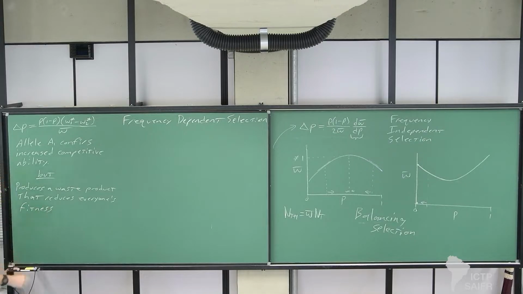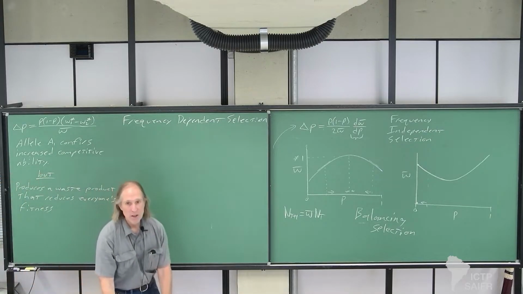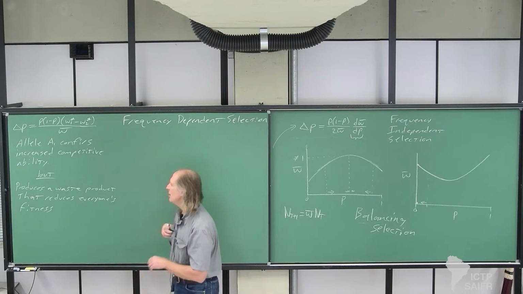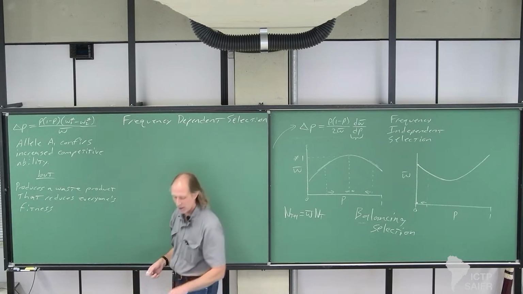So I'm making up sort of a contrived case here, but to illustrate a simple case where we can see frequency-dependent selection not maximizing W bar.